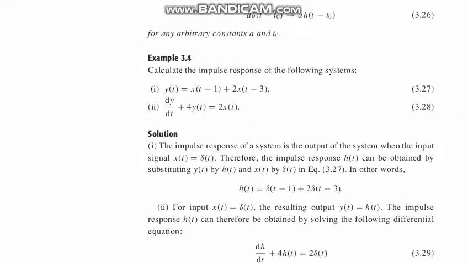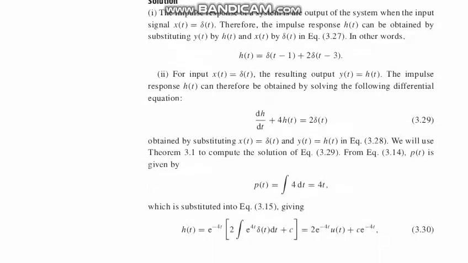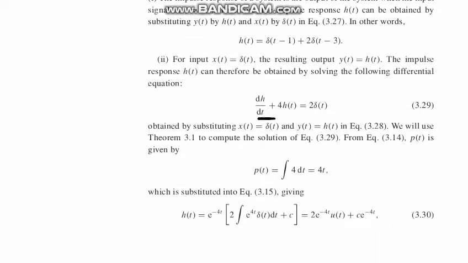So after transforming the equation obtained by substituting x(t), delta(t), y(t), h(t), now we take p(t) as a certain equation. Okay, what is p(t)? How do you get it?